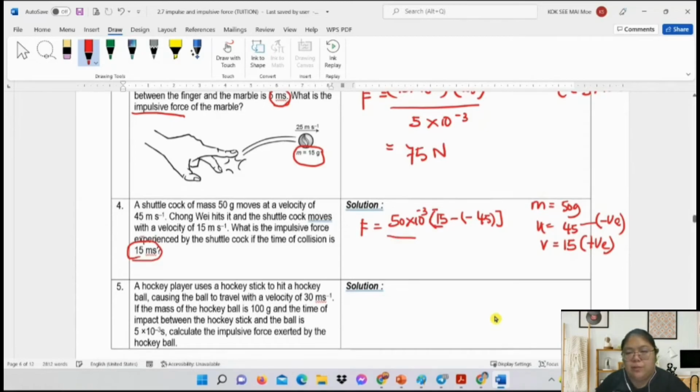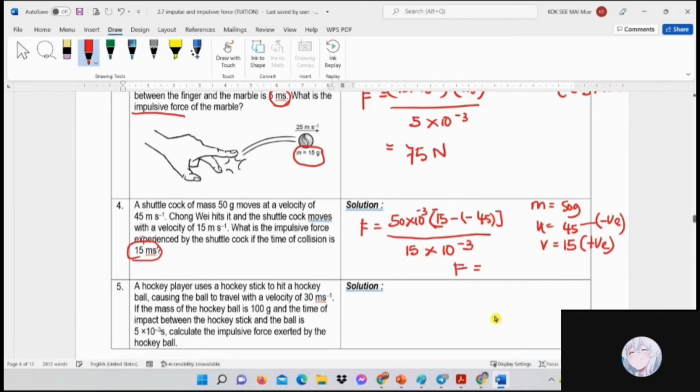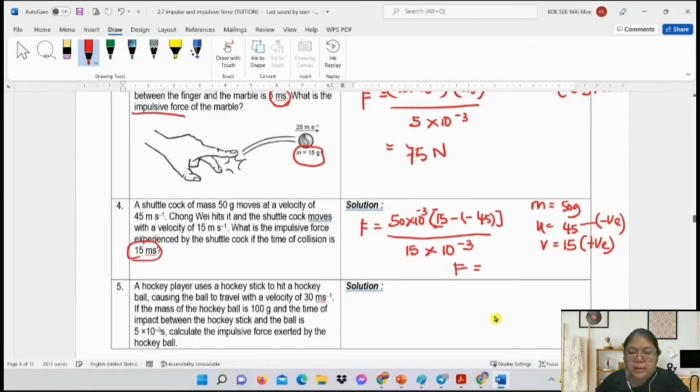Then divide by the time taken, which also has milli, so it's 10 to the negative 3. So we need to find the impulsive force. I'm going to ask Chen Yu. 200. Okay, final answer 200 Newton.